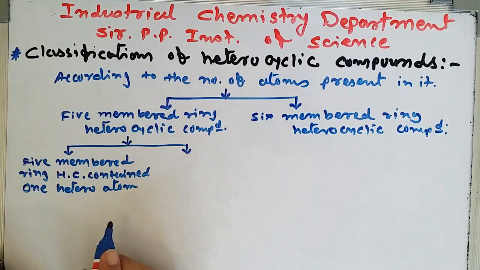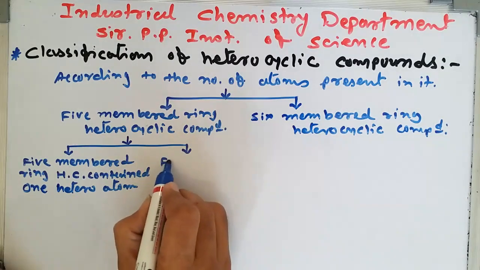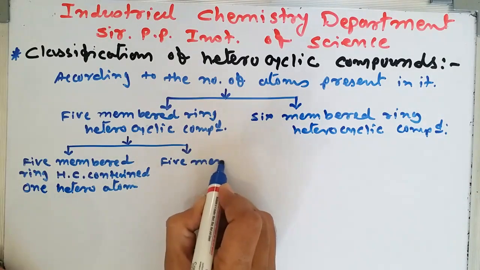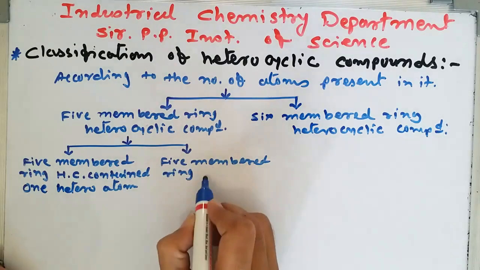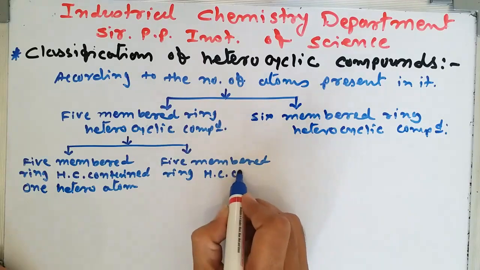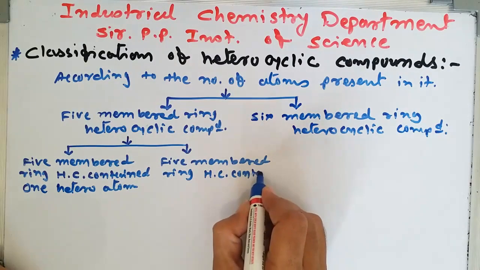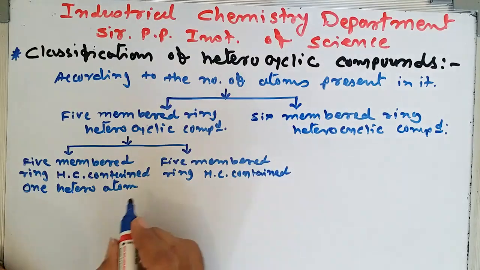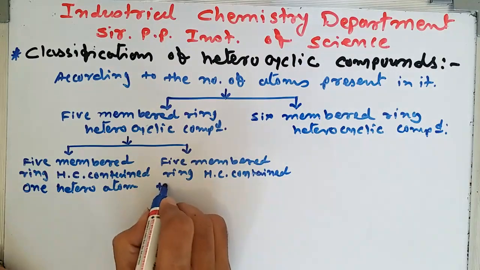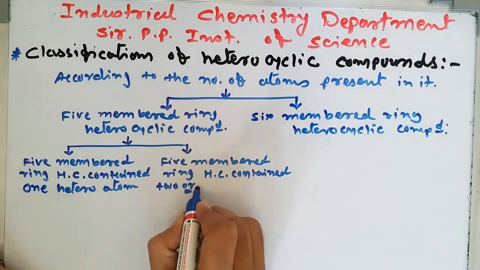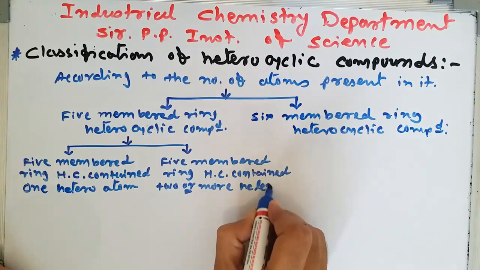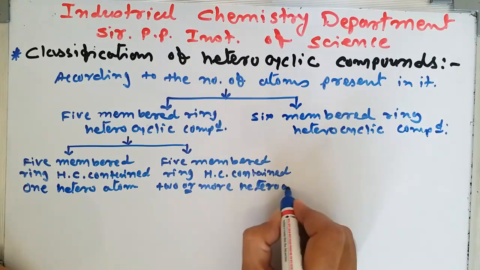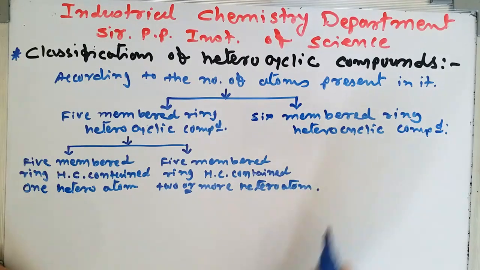And second, 5-member ring heterocyclic compounds contain two or more heteroatoms.